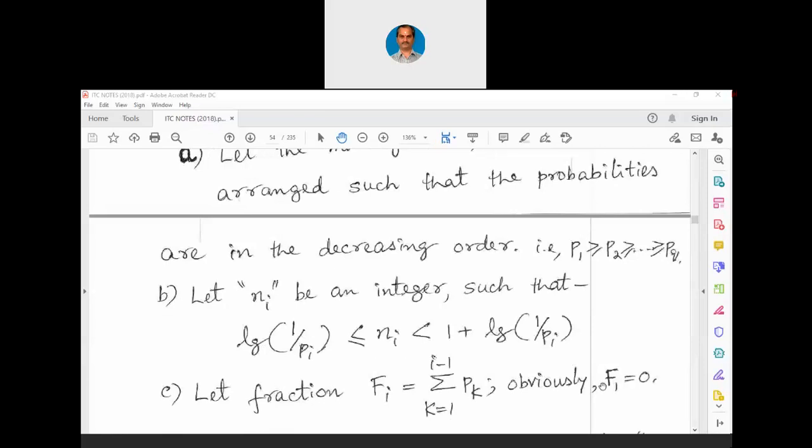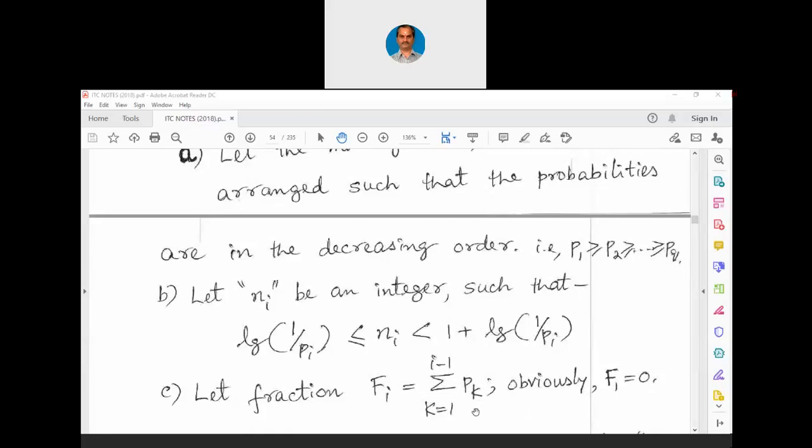Now the third step, let there be a fraction called capital Fi, and that fraction is equal to the summation of k equals 1 to i minus 1 of pk. Pk means corresponding to a particular probability. Obviously, f1 equals 0. Why?